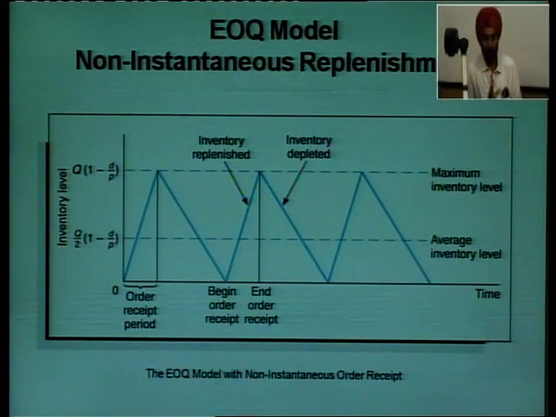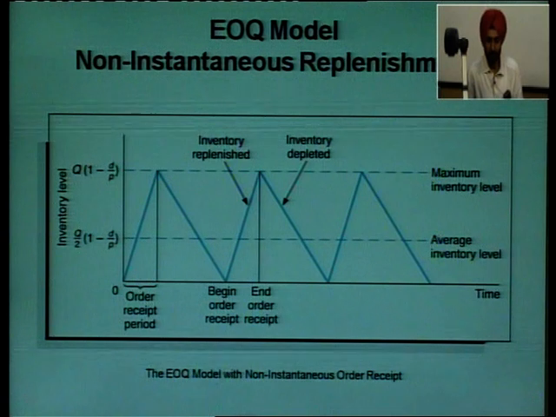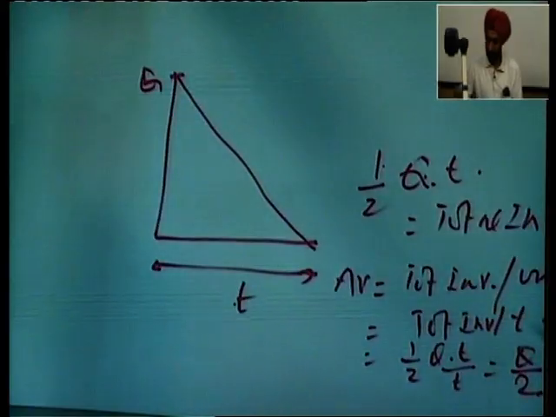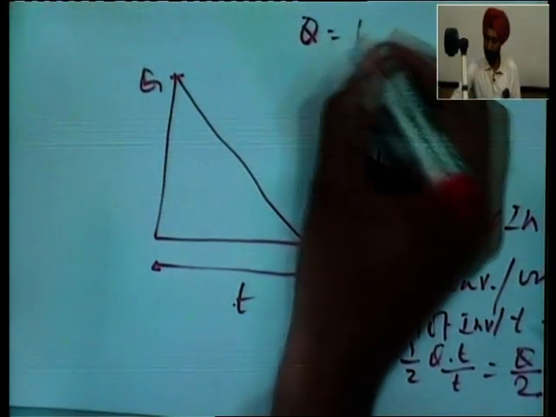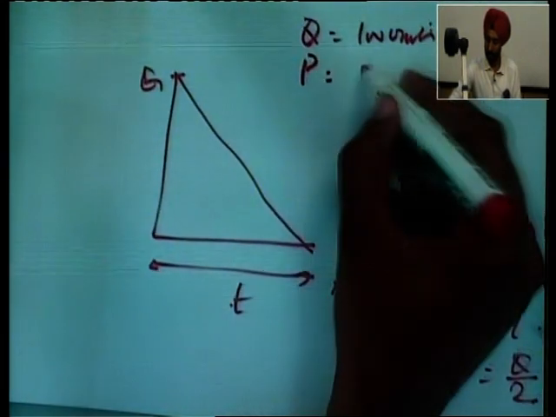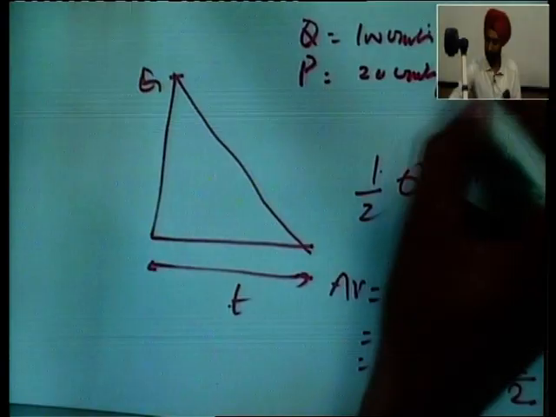This model is all similar to the basic EOQ model. There is only one difference here, कि जिहड़ी maximum inventory है इस केस ਦੇ ਵਿੱਚ, it will not be Q, maximum inventory उन्नी नहीं होगी जिन्ना असी order कीता, it will be less than Q. For instance, we have ordered Q, that is 100 units, okay, and P is the daily production rate, that is 20 units per day.